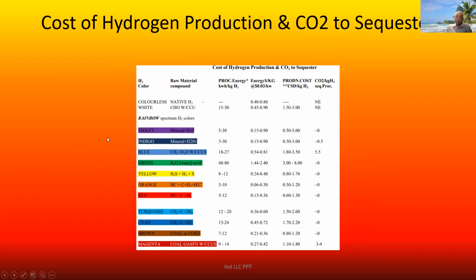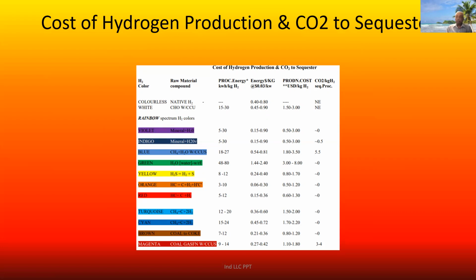We in INDLLC put together this chart almost 10 months ago. This chart shows the cost of hydrogen production and carbon dioxide that is required to be sequestered for different colors of hydrogen. Because hydrogen is formed from different compounds and different methods, we just give it a color scheme.